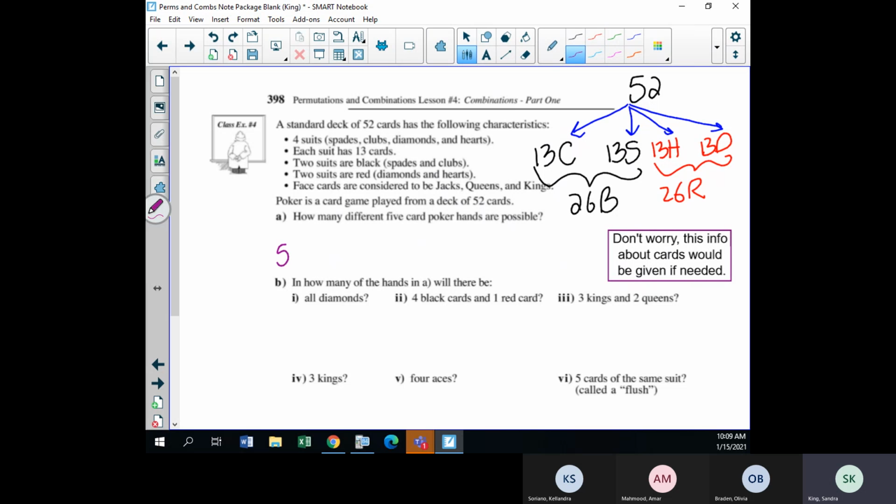So it would be 52 cards total, and you're choosing 5 of them. So the number of 5-card poker hands is 2,598,960. So there's almost 2.6 million different 5-card poker hands that you can make from a deck of 52 playing cards. That's what you need to get from this.